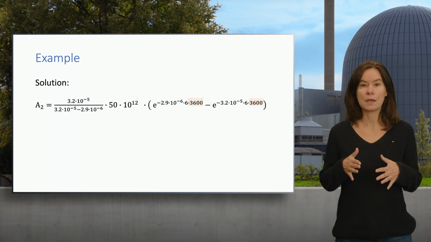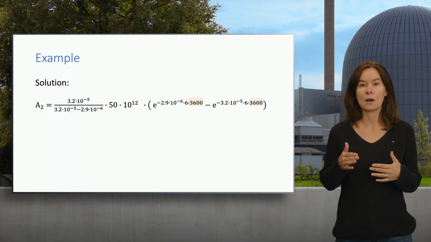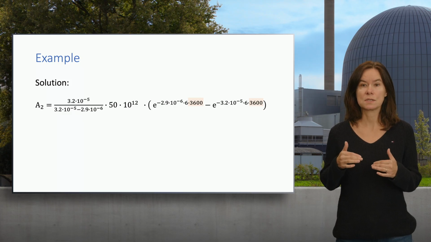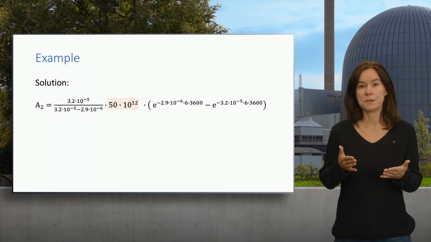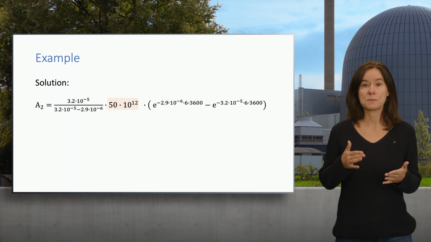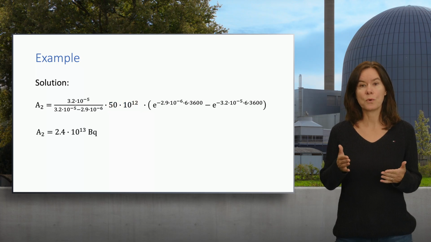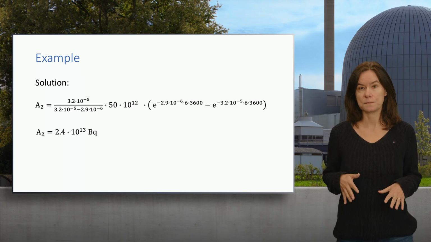Now we fill in the decay constants in the equation of the activity, and we fill in the 6 hours converted to seconds, which is 6 times 3600. We also fill in the activity, which is 50 terabecquerel, so that's 50 times 10 to the power of 12. And that results in 2.4 times 10 to the power of 13 becquerel of technetium-99m after 6 hours.